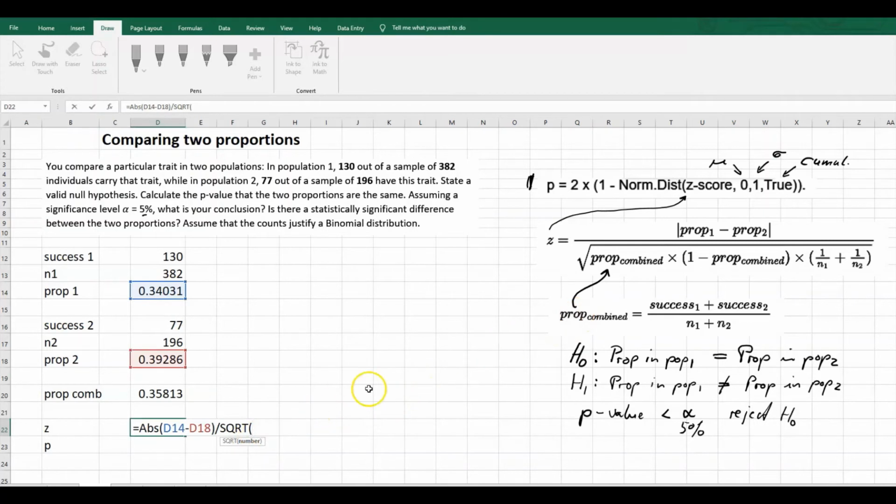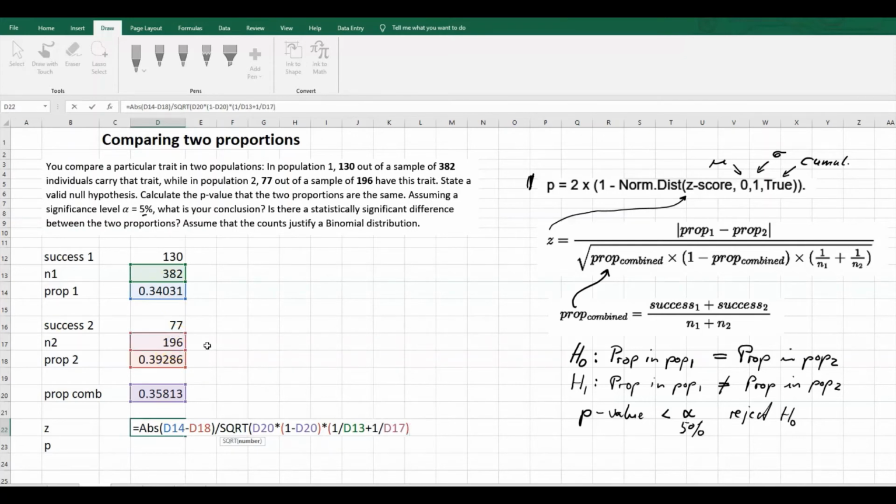And for the square root, we have the combined proportion, that is what we just calculated, times 1 minus the combined proportion, times 1 over the first sample size plus 1 over the second sample size.